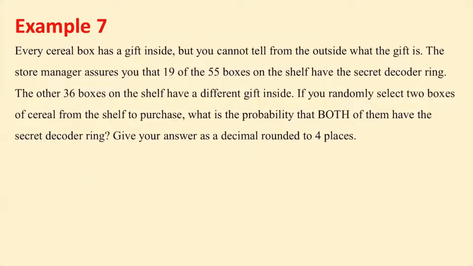Time for example 7. Every cereal box has a gift inside, but you cannot tell from outside what the gift is. So there is a gift inside, you don't know what it is. The store manager assures you that 19 of the 55 boxes on the shelf have a secret decoder ring.